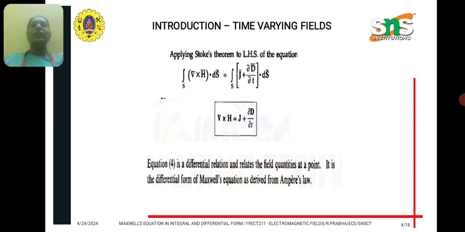Both sides are now surface integrals, and by removing the integrals we can write del cross H is equal to J plus dou D by dou t. This equation is the differential form of Maxwell's equation derived from Ampere's law.